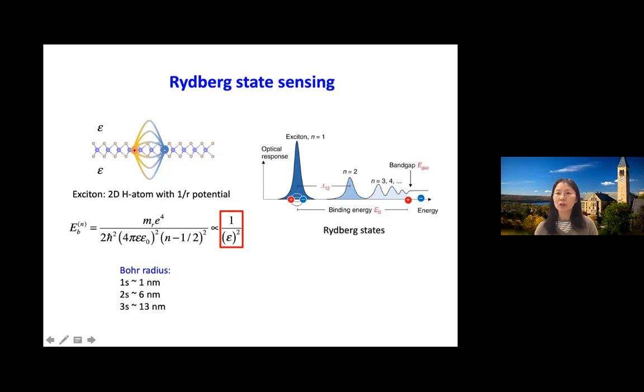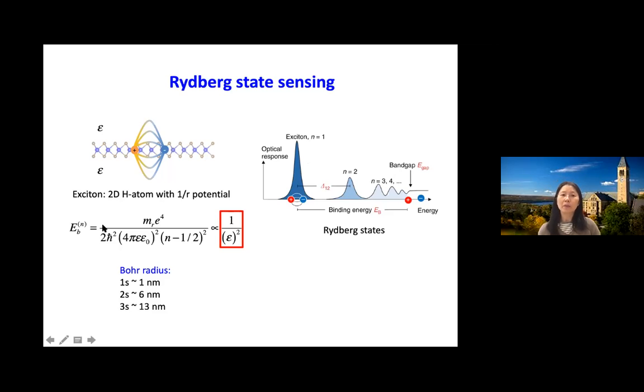And the result is some kind of Rydberg states, as in a real hydrogen atom, we have excitons with principal number n equals 1, 2, 3, and higher orders. And then they merge into a continuum, which is the band-to-band transition, in the spectrum.